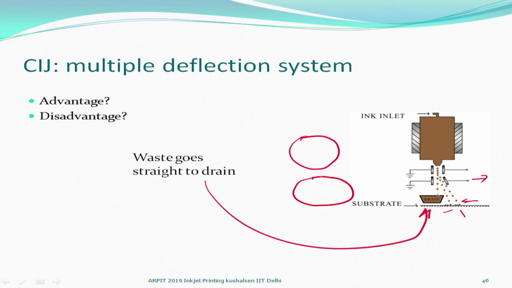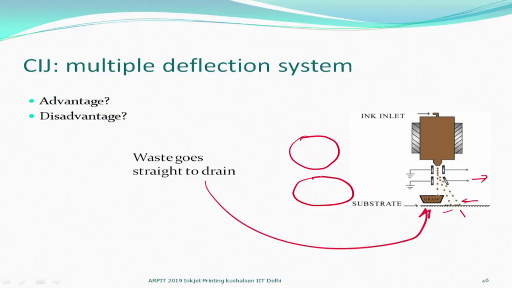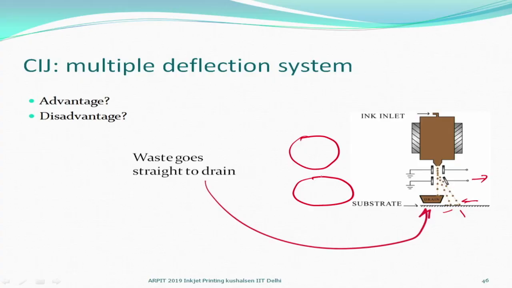It may become elliptical as it moves out. Also, the one which is going farther away would have to traverse more distance compared to the one which has to go less, and therefore, the minor and the major axes may not be the same. That is one disadvantage of this multiple deflection system.